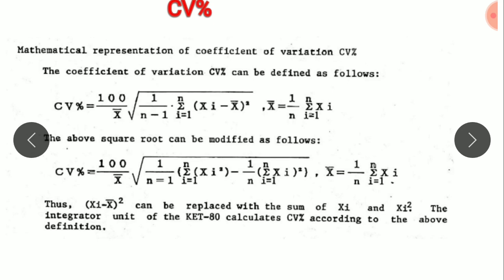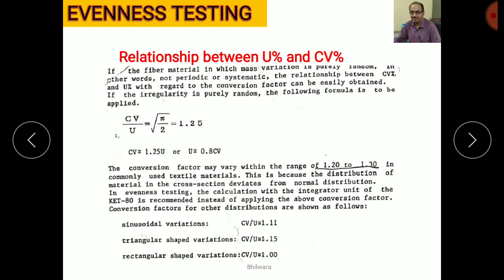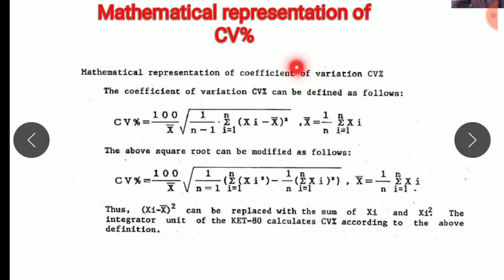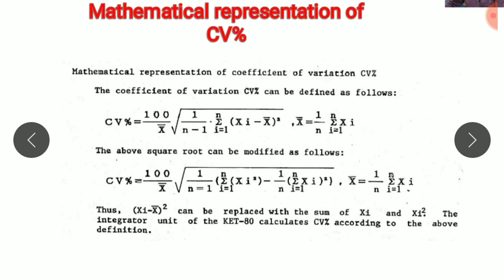So we can conclude that U percent has a very minute difference. There is very little difference from the PMD. U percent is not exactly PMD because it is taking deviations from the instantaneous value of the mean.